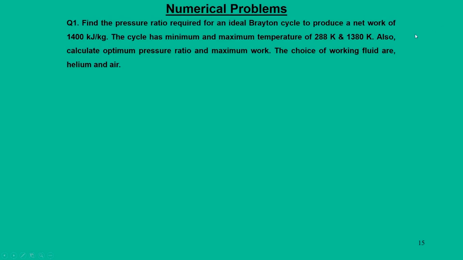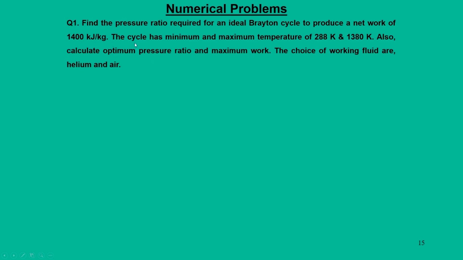So now we will rely on a numerical problem which is based on the working principle of an ideal Brayton cycle. The question given here: we need to find out the pressure ratio required for an ideal Brayton cycle to produce a net work of 1400 kilojoule per kg.